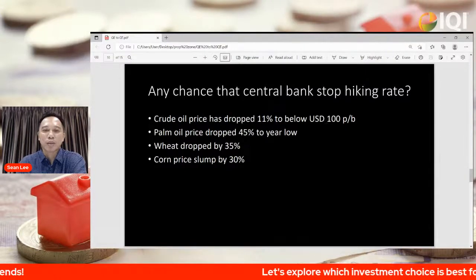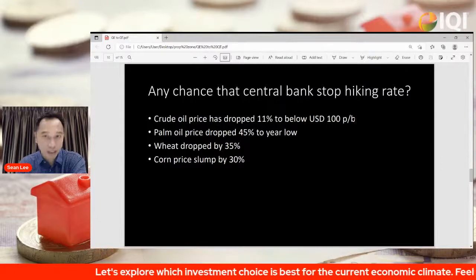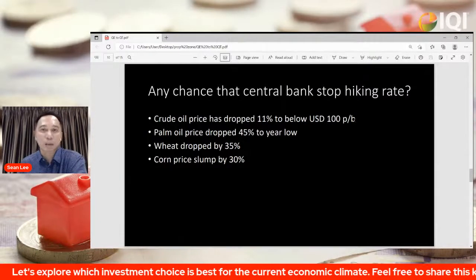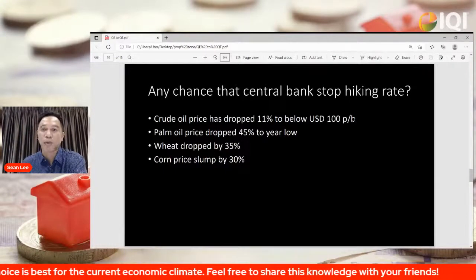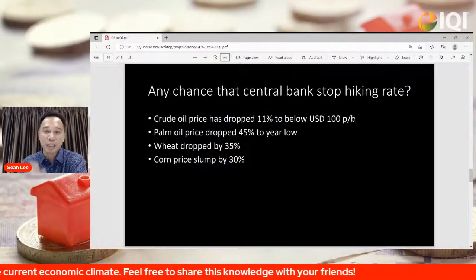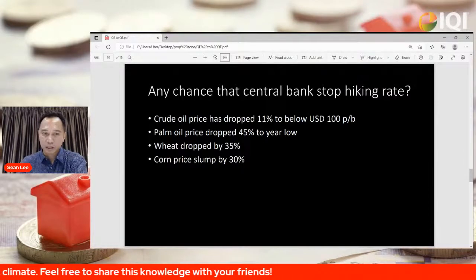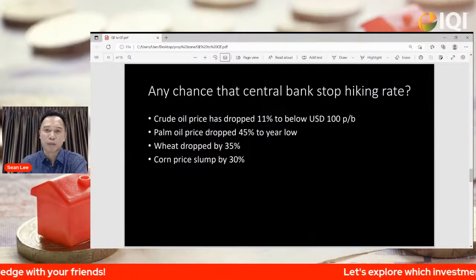Crude oil prices have dropped 11% to below $100 per barrel. This is the news from yesterday, because people are worrying about an economic recession by next year, so the demand for commodities has dropped. From the point of view of easing inflation, this is a major piece of news.